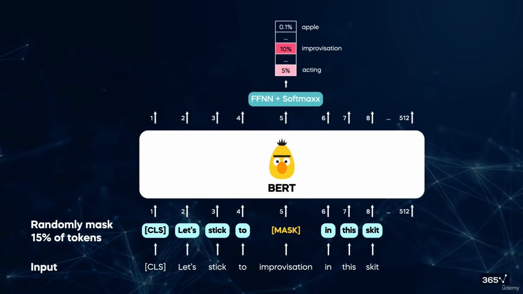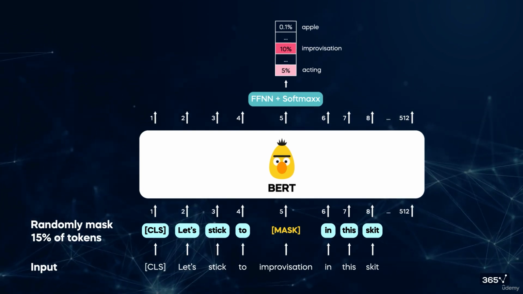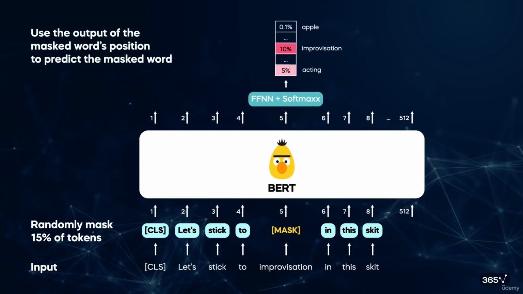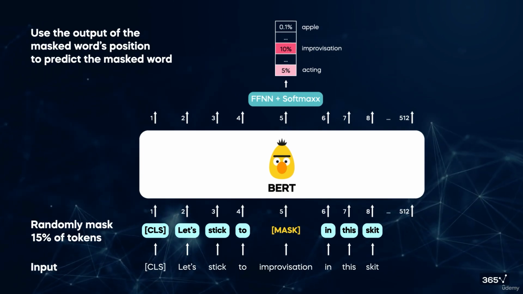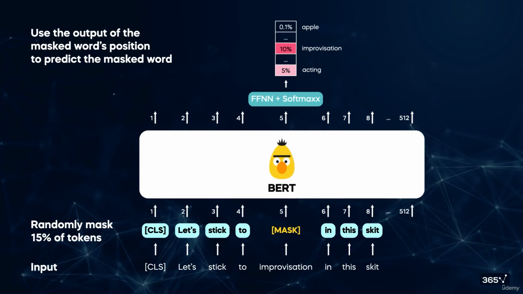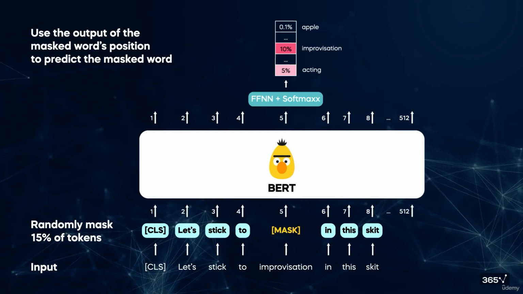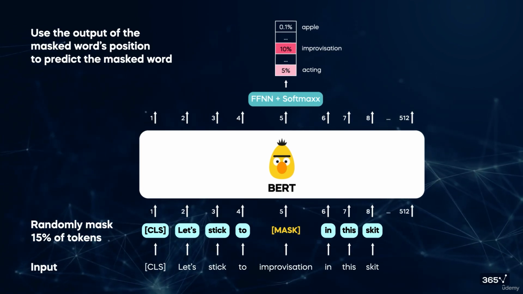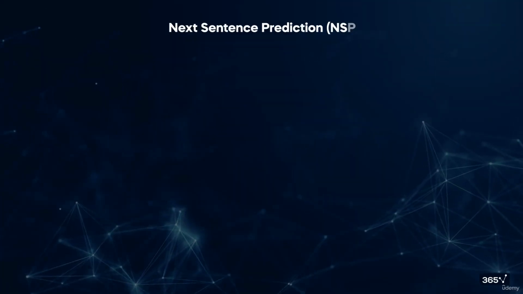The goal of this model training is to try and figure out which words fill in the masked tokens. This forces the model to learn bidirectional context, as it is allowed to see all unmasked words from either side of the masked token.